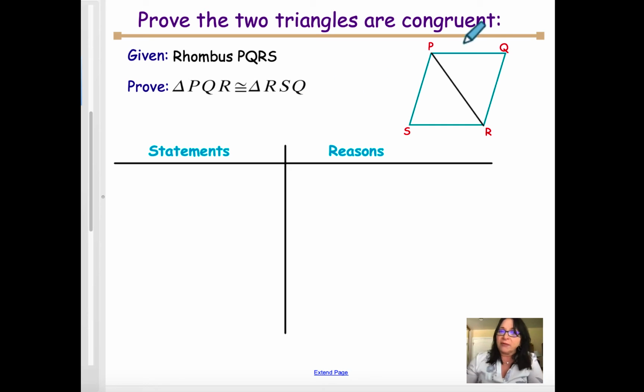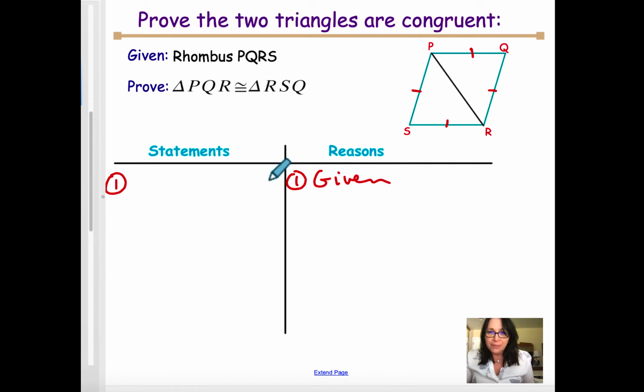So here we are, we have a rhombus, PQRS, and so we already know that all the sides are congruent. Based on this information, we're trying to prove that triangle PQR is congruent to triangle RSQ. Well, number one, what's given is that this is a rhombus.